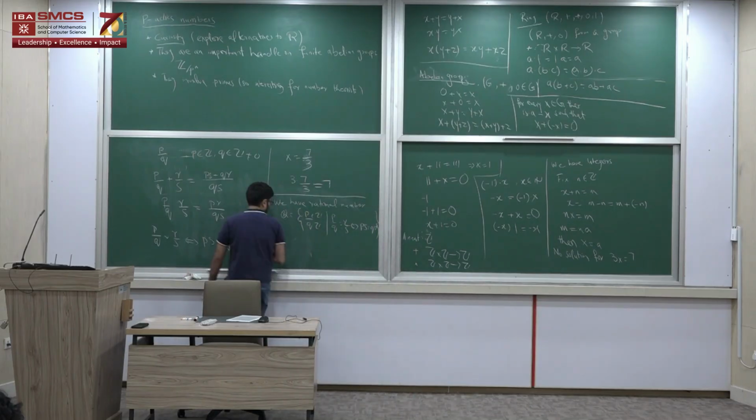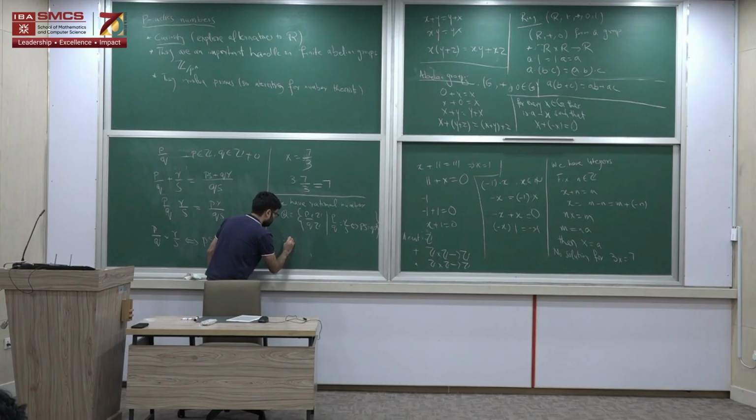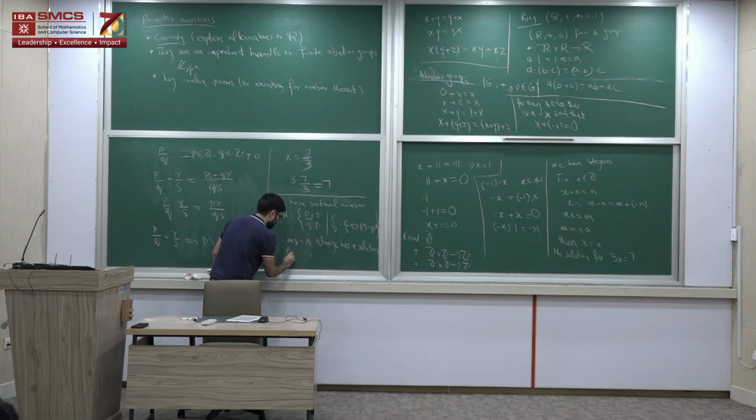So, in this set I can always solve equations of the form, let us say what I had written before. So, m times x is n always. So, for m non-zero it always has a solution, for m not equal to 0.